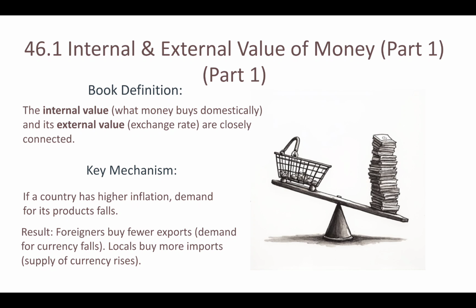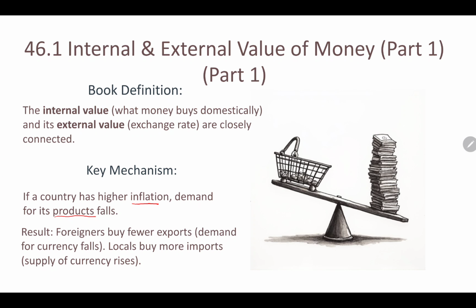So, internal and external value of money. Book definition: the internal value, what money buys domestically, and the external value, the exchange rate, are closely connected. So if a country has higher inflation, demand for its products will fall.